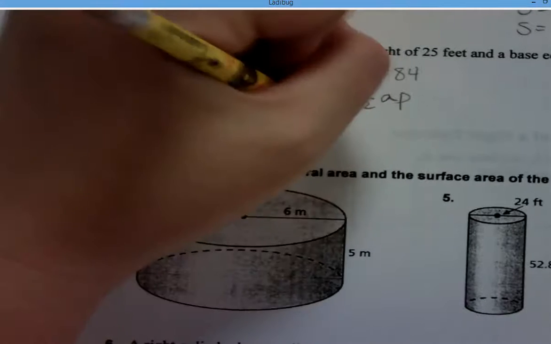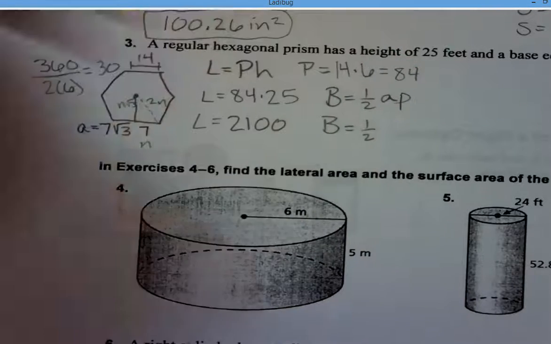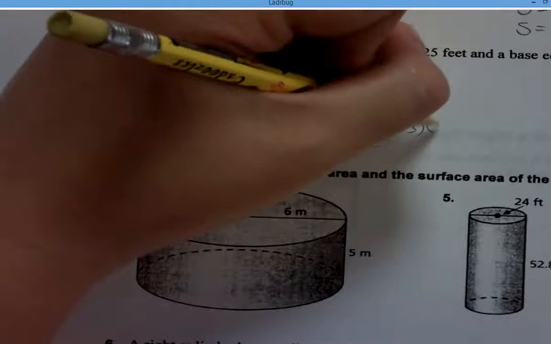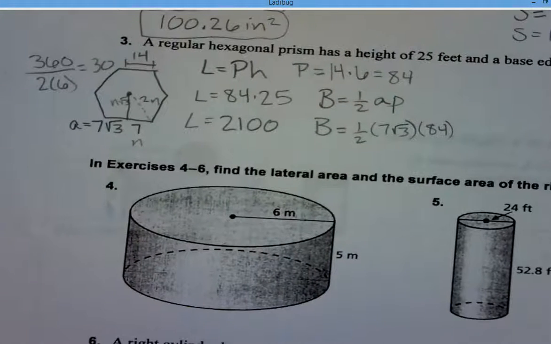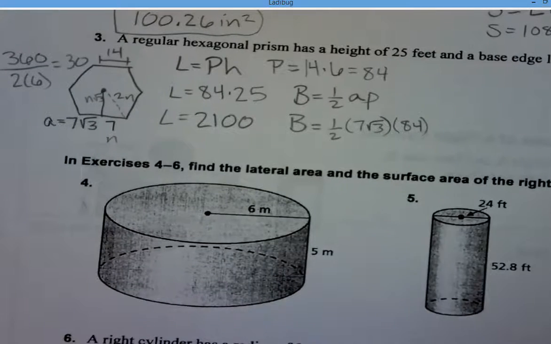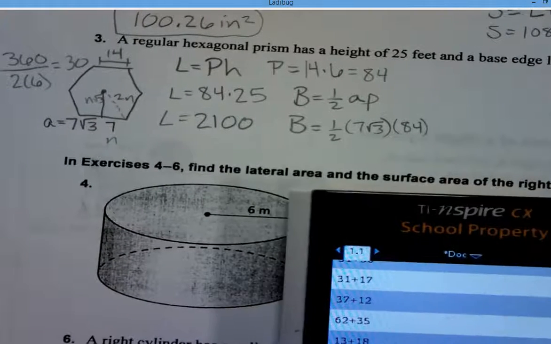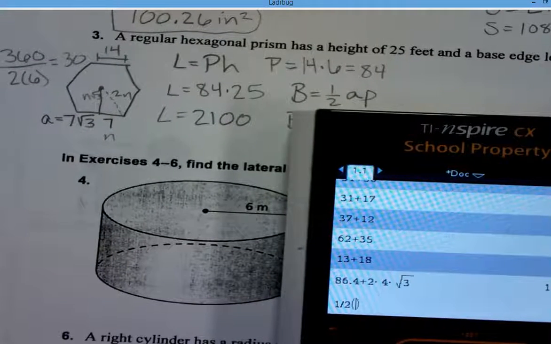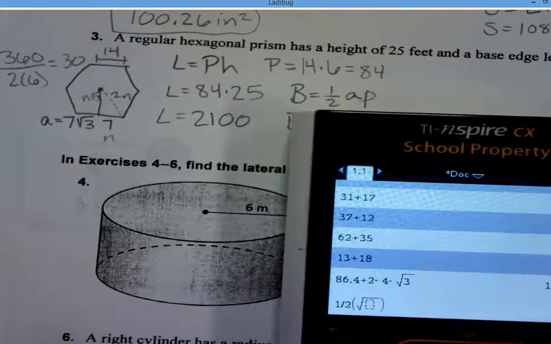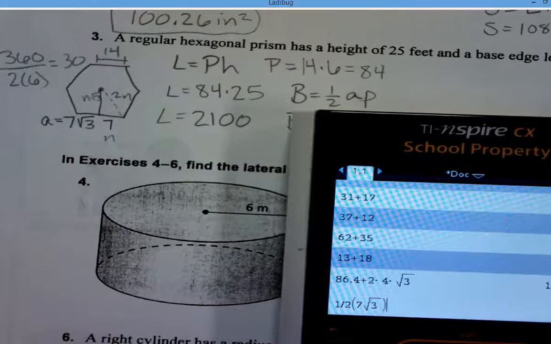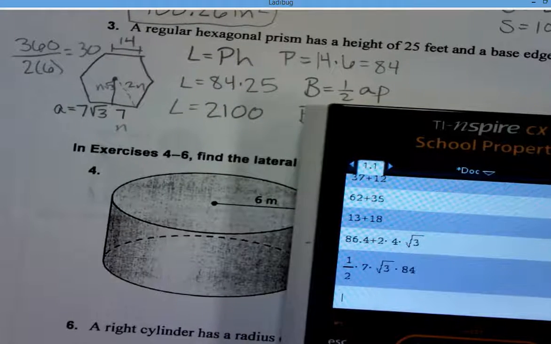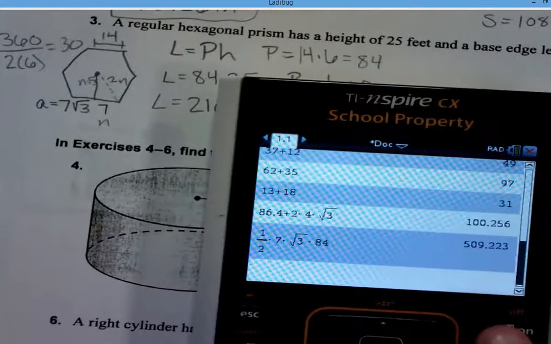So 1/2 AP is going to be our capital B. 1/2 times 7 root 3 times 84. Okay, we get this number right here.